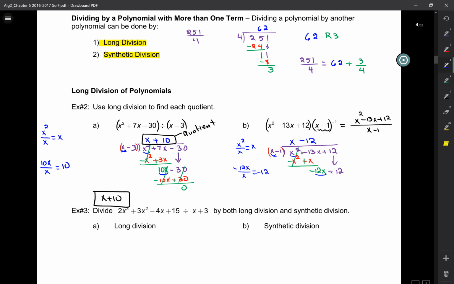Now I multiply negative 12 times the red parenthesis. Negative 12x plus 12. Change the signs and add. What's the remainder? 0. So what's my answer? X minus 12.